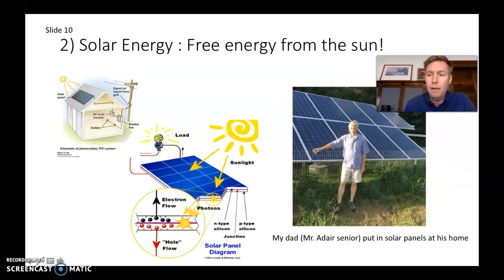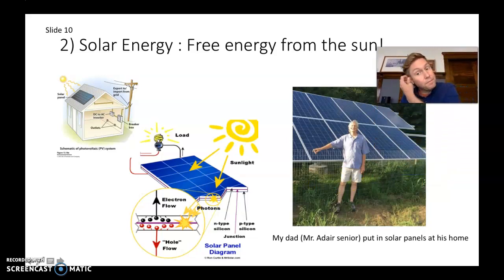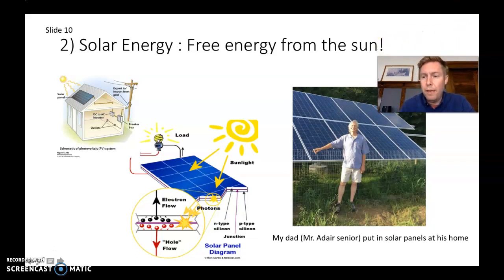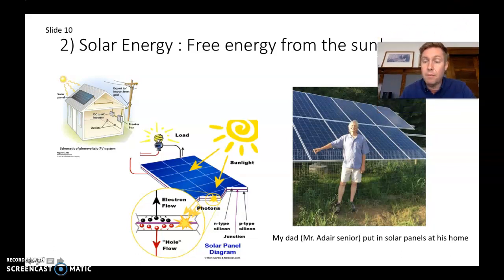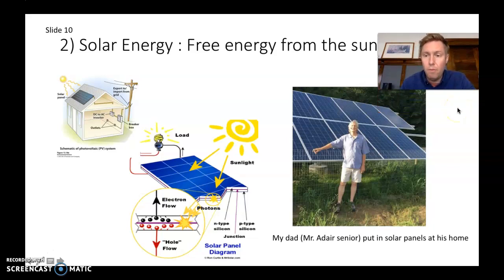This is harnessing energy from the sun. I'll show you some more pictures in a minute of solar farms. The picture below is a picture of my father. He was able to use some money that the state of Minnesota allocated for homeowners to build solar panels on his property at his home, so that he now gets free energy from his solar panels.